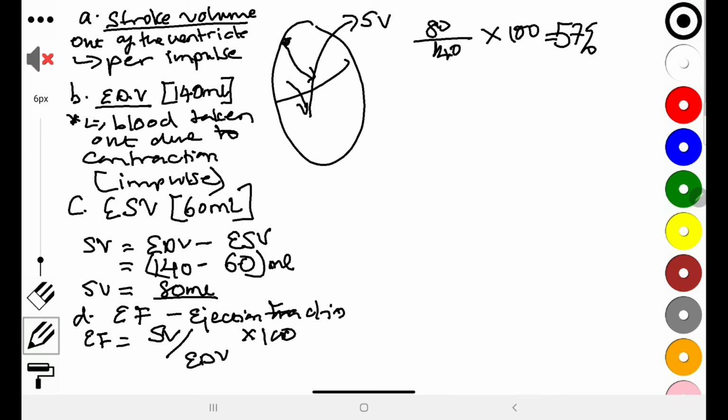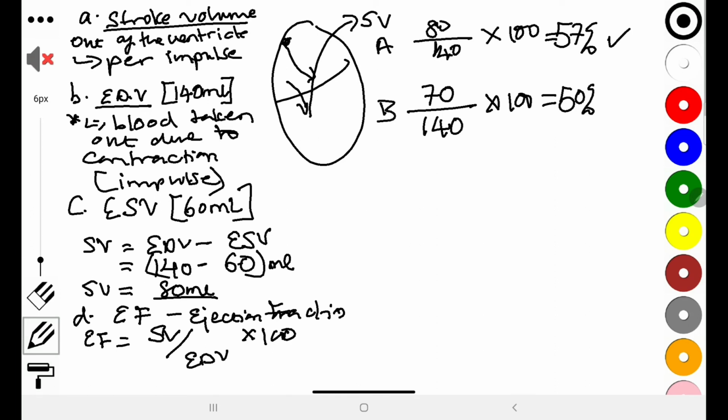Alright? Now imagine that the stroke volume that you had was, let's say, 70 instead of 80. Then you're going to have exactly 50%. So which of these two hearts, heart A or heart B, is more efficient?